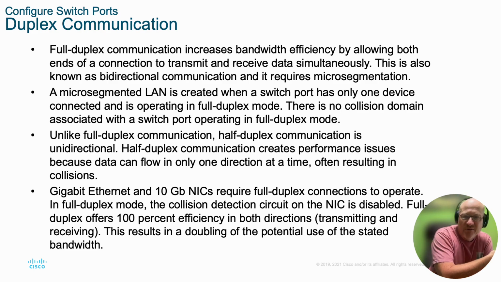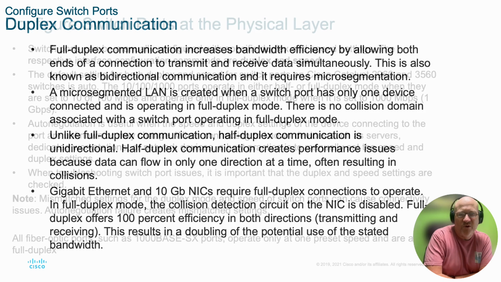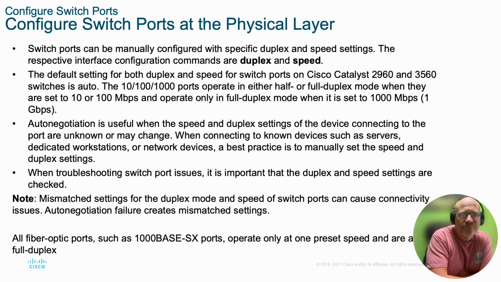But we do still have legacy systems out there. You need to be aware that sometimes legacy technologies come along in your day-to-day working environment, and you've got to be able to work with them. We can set the duplex, we can set the speed of a port, and obviously copper has certain behaviors and limitations. Gigabit Ethernet interface ports will behave at different speeds than Fast Ethernet ports, and you need to be aware of what those speeds are on the device.